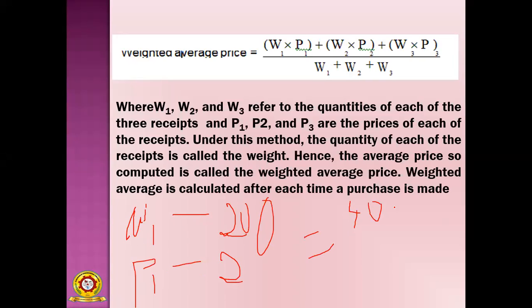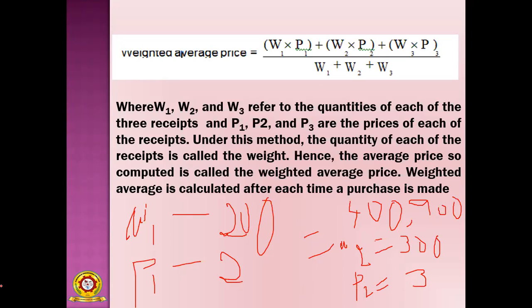So that is W1 into P1 plus W2 into P2. Suppose W2 equals 300, and P2, the price of the unit, equals 3 rupees. So 900. So in this way, you have to calculate.